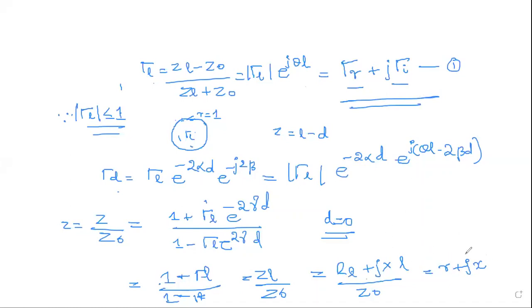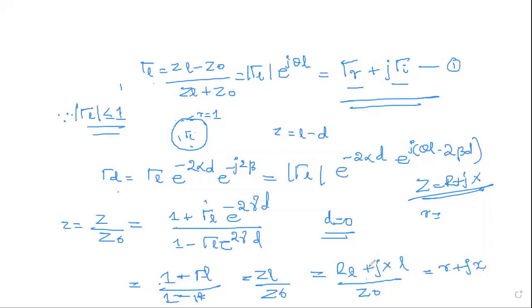Now, when you compare this, what will be your r with this equation? ZL by Z naught is written as RL plus jXL because the form of Z is R plus jX impedance. Similarly, I've written RL plus jXL divided by Z naught. This whole equation, I have written as r plus jx.